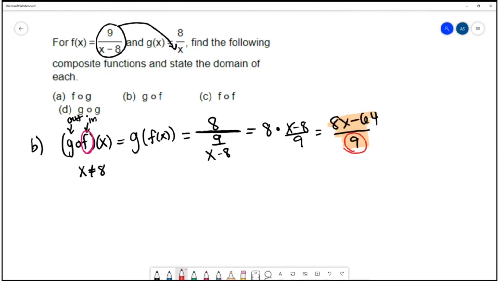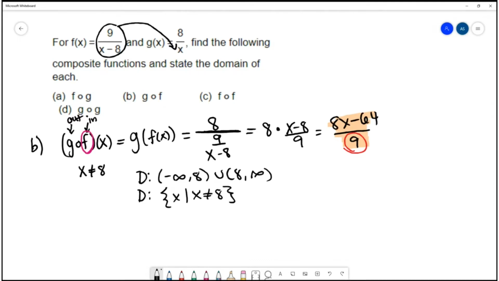Since I don't have a variable in the denominator, I'm not going to get another restricted value. So the only restricted value is 8. So the domain is negative infinity to 8, union with 8 to infinity, or in set builder notation, x such that x is not equal to 8.